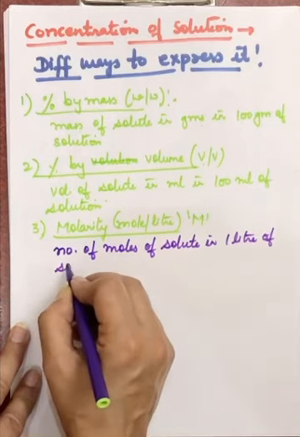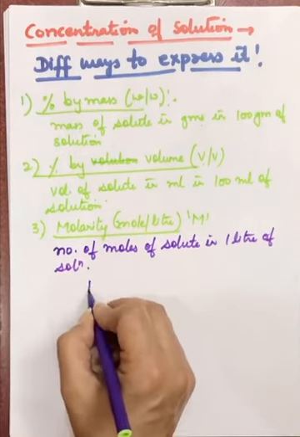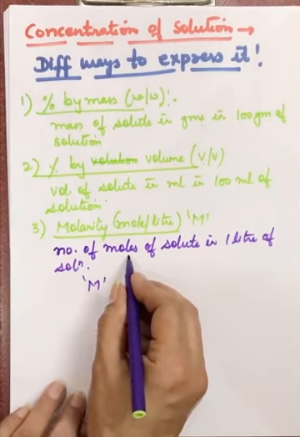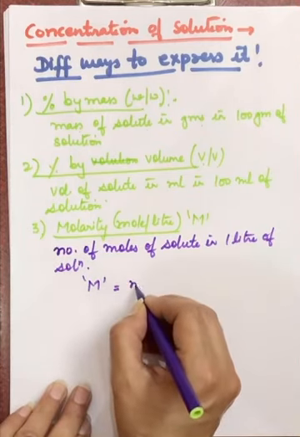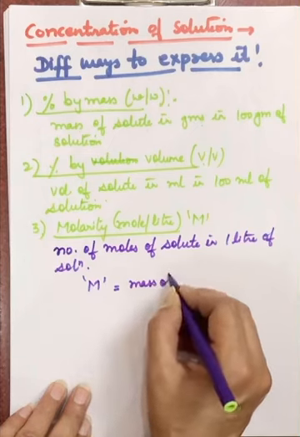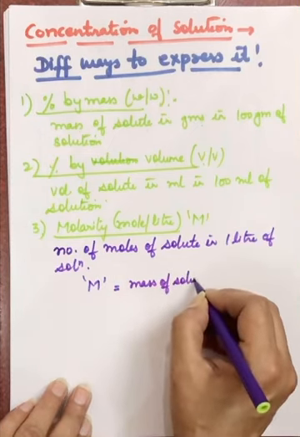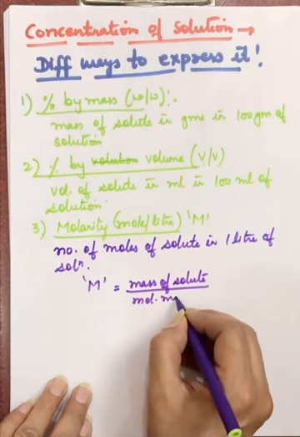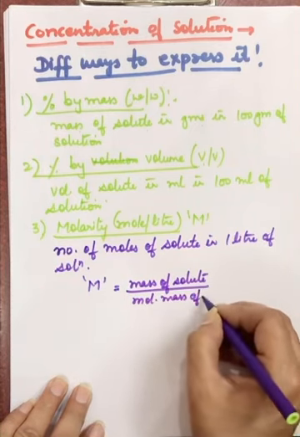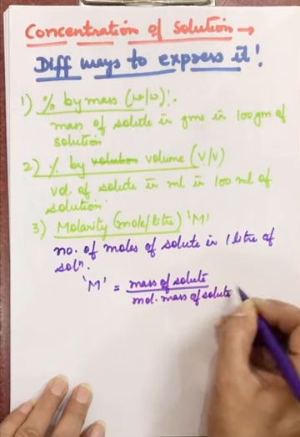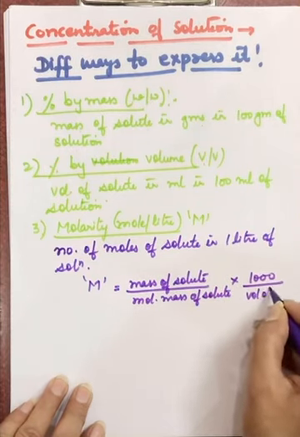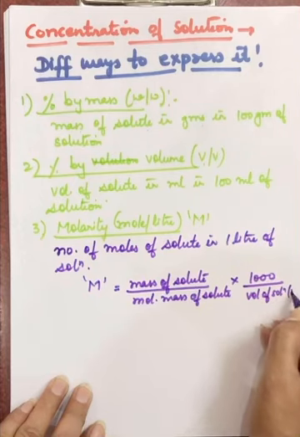The molarity formula is the number of moles of solute, and moles are equal to mass upon molar mass. So we can write mass of solute upon molar mass of solute into 1000 upon volume of solution in milliliter.